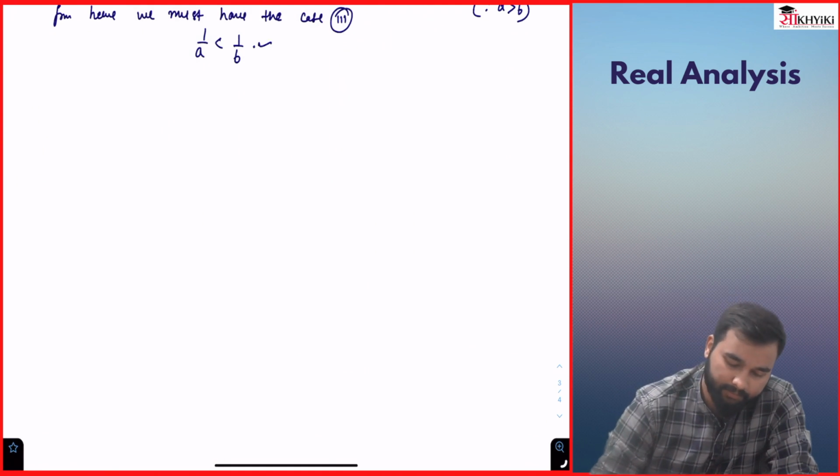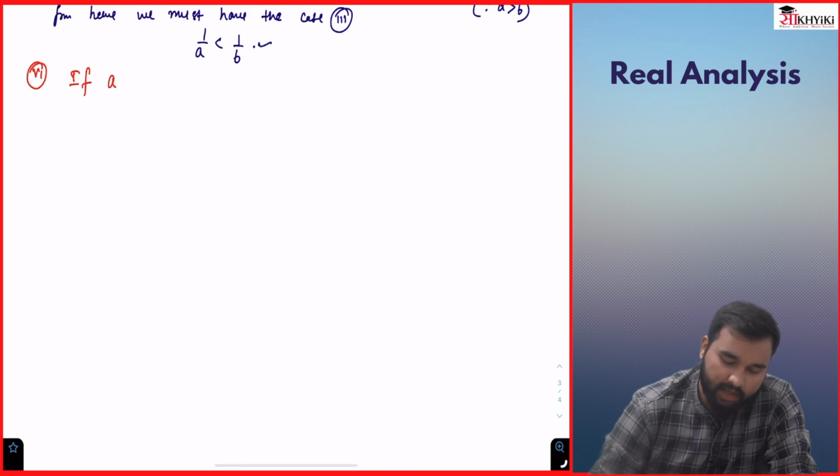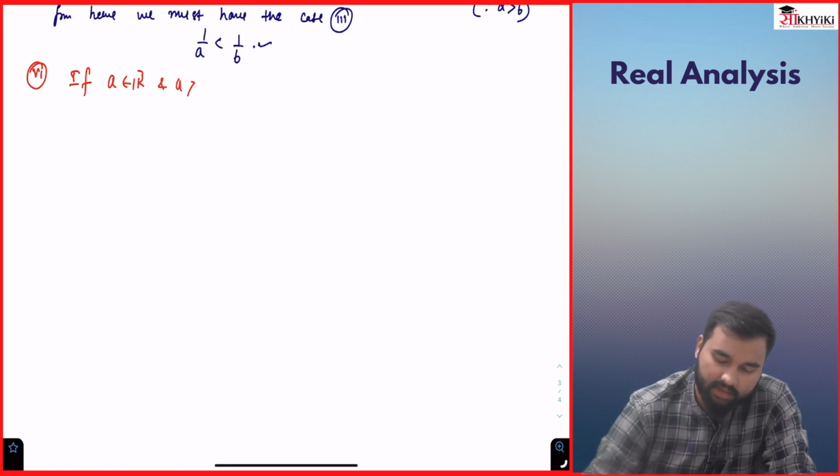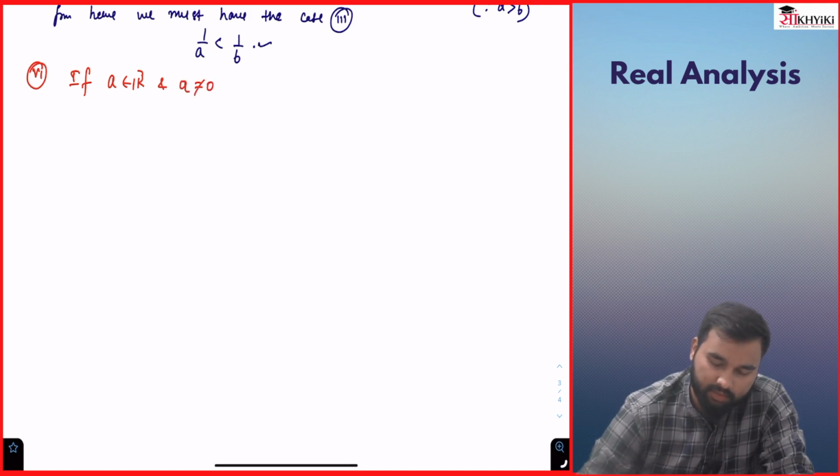Next result, number 6. If A is a real number and A is not equal to 0, which means A is a non-zero real number, then A square must be greater than 0.